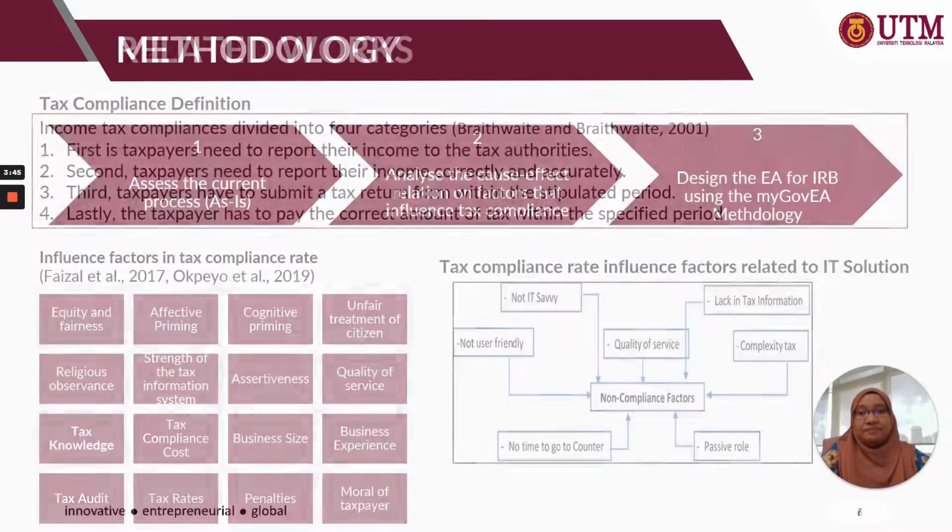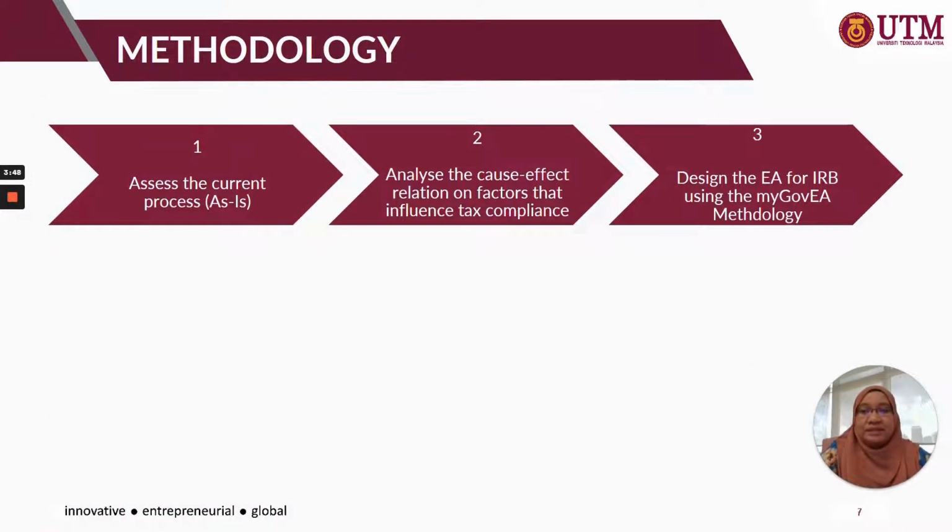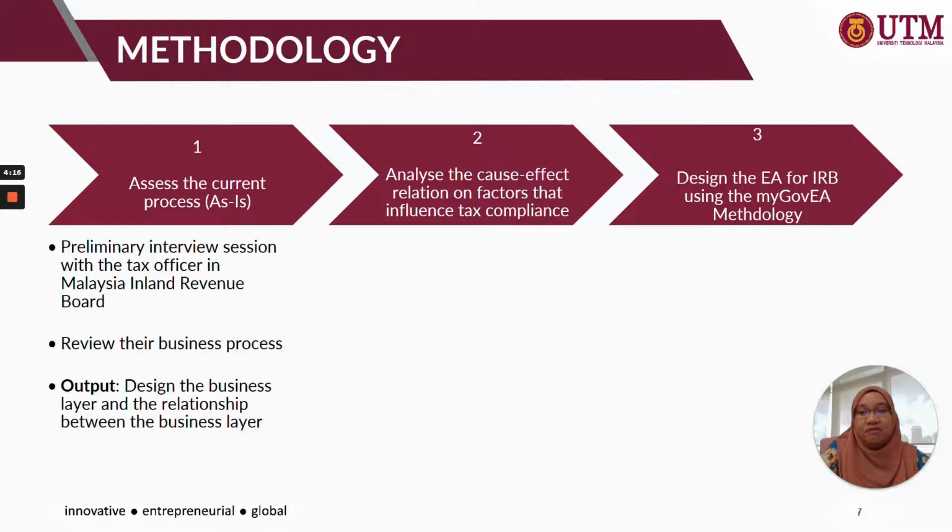So in this study, we shall look at the current process of how tax compliance is conducted in the organization, analyze the cause and effect of why issues persist although the system has been introduced, and propose how EA can help resolve them.